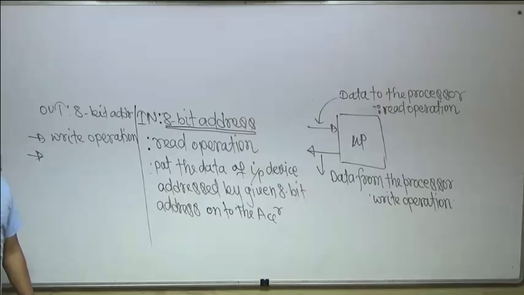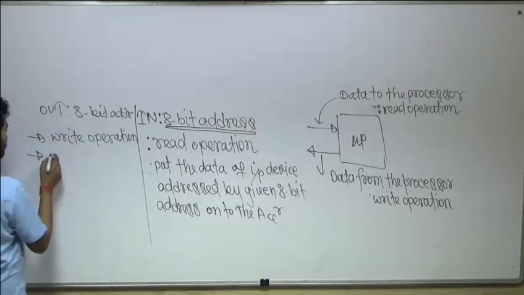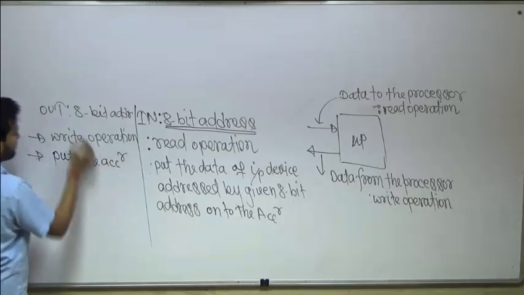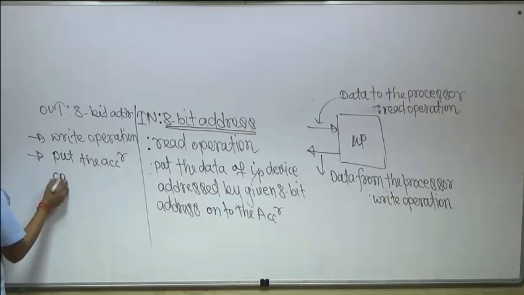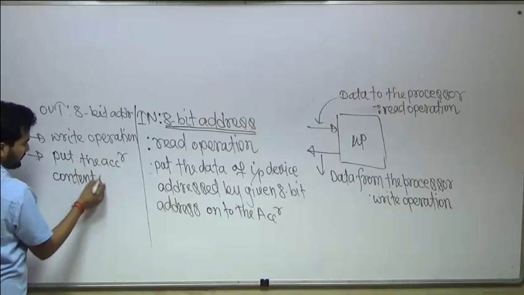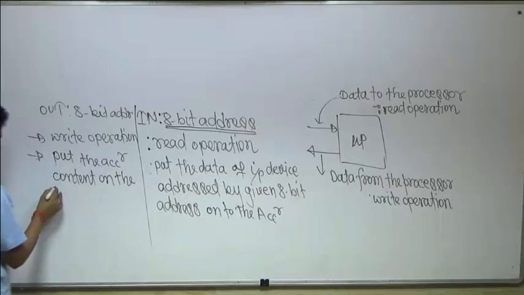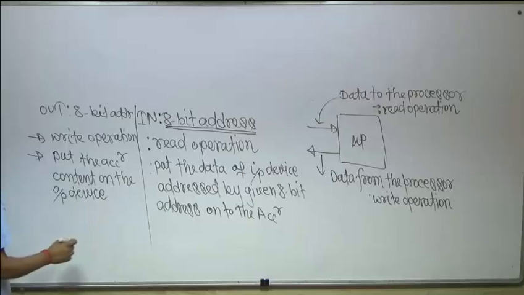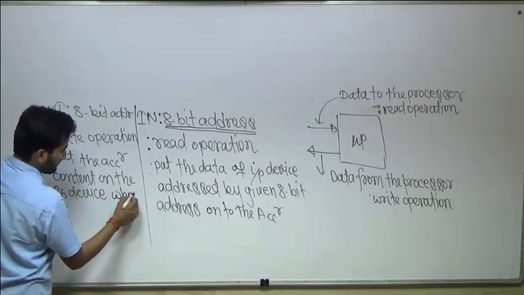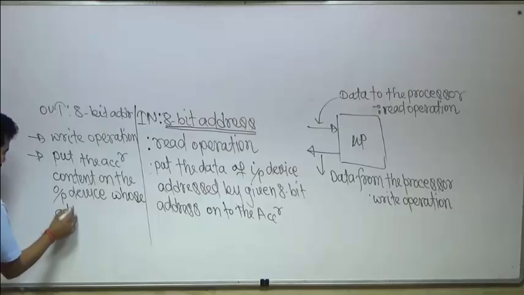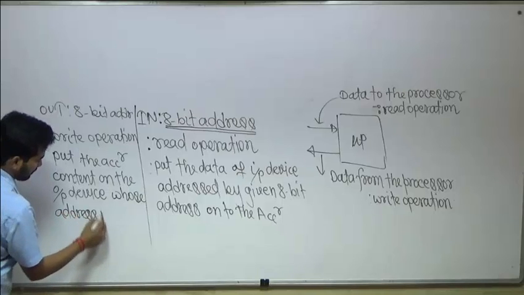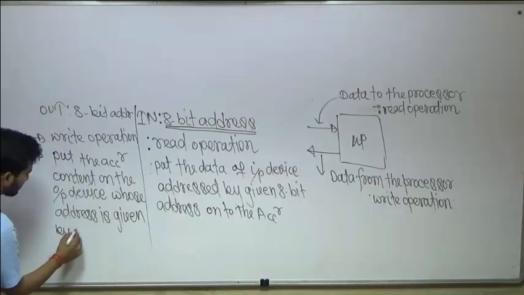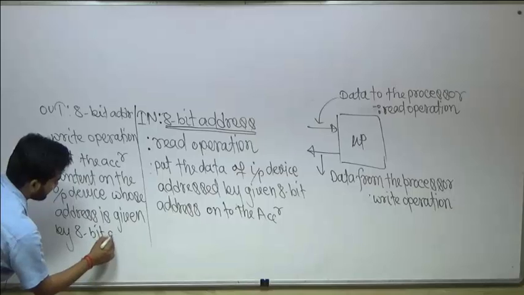This instruction puts the accumulator content on the output device whose address is given by the 8-bit address mentioned in the instruction.